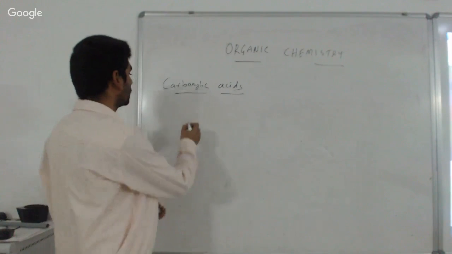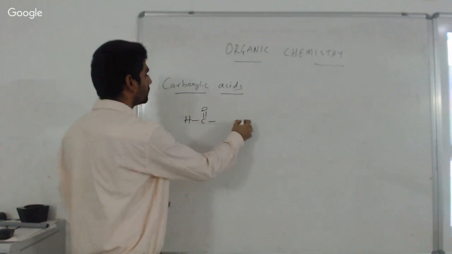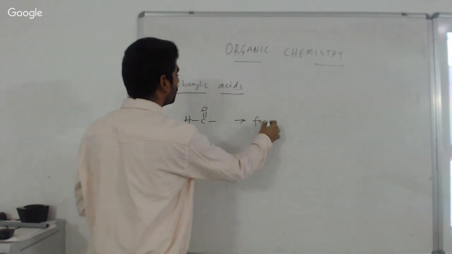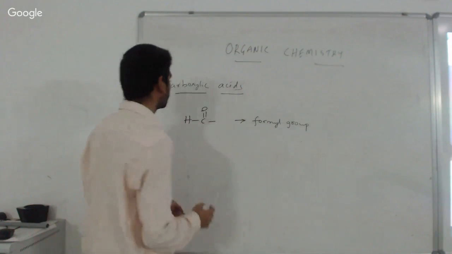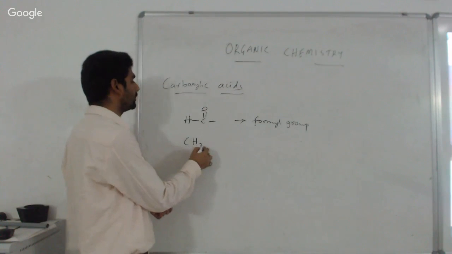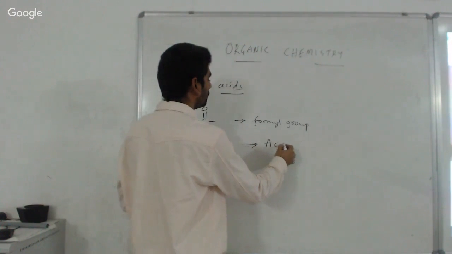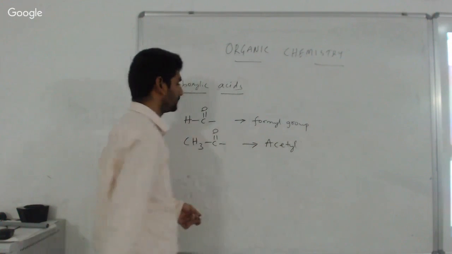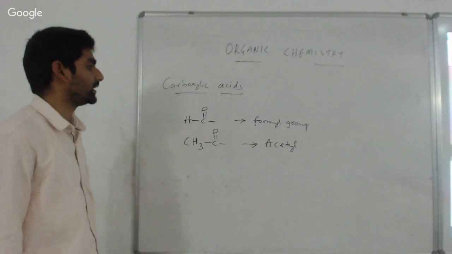Then take groups. The HC double bond O group we call formyl. The CH3C double bond O group we call acetyl. Formyl, acetyl.